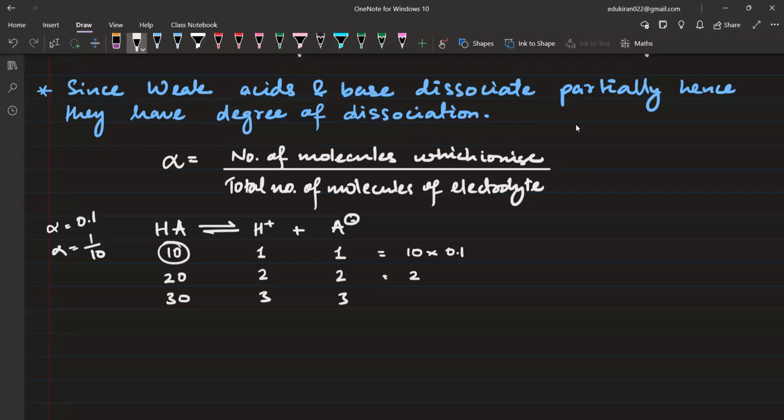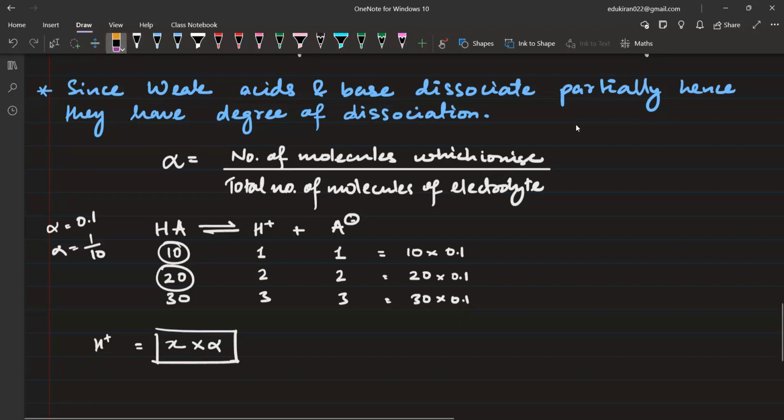And this value we are getting, it is because the 20 amount of acid we took multiplied by the degree of dissociation. Make sense? Yes, sir. है ना? And उसी तरह से this is 30 into 0.1. So in general we can say, if I have taken X amount of acid, then the H plus we will be getting will be equal to X into the alpha. Correct है? Make sense, yes or no, basically?